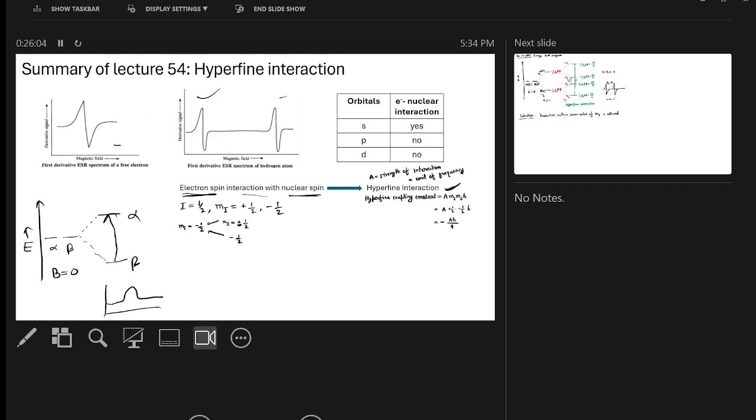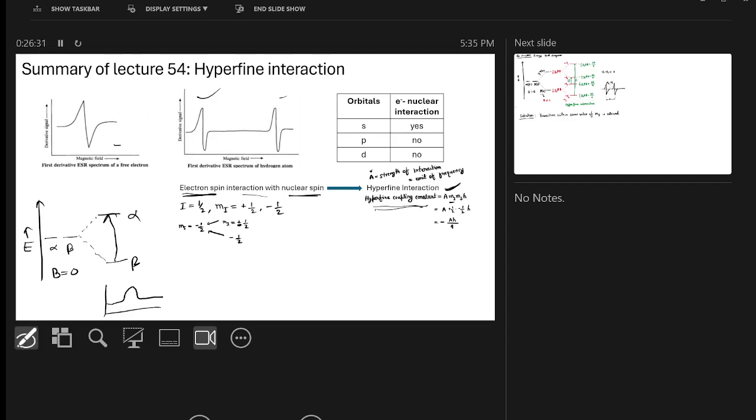The strength of this hyperfine interaction is given by this constant A. The higher the value of A, the higher the strength of hyperfine interaction. For hyperfine interaction, we can calculate the hyperfine coupling constant, which can be given by A, Mi, Ms. We will see later what it is.